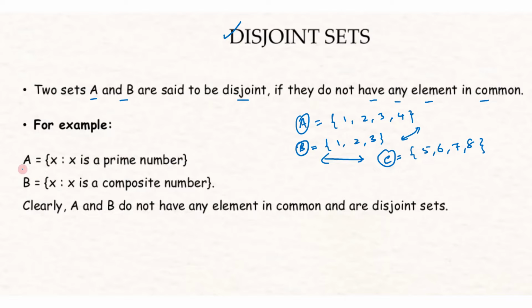Another example is a set A of all x such that x is a prime number, and another set B of all x such that x is a composite number. Here again we can clearly see that these two sets do not have any element in common. So we can say that these are disjoint sets.